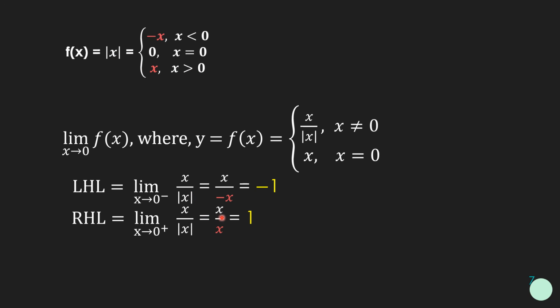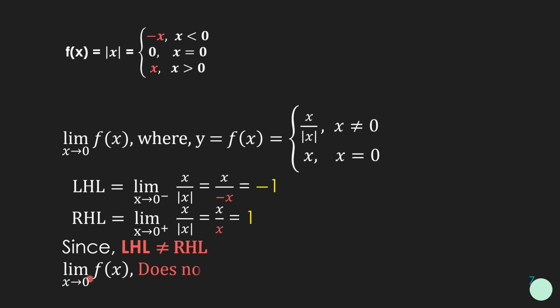Therefore here it is x. x over x is 1. So here we find that the left hand limit is minus 1 and right hand limit is 1. Since LHL not equal to RHL, we see that the limit of f(x) as x approaches 0 does not exist.